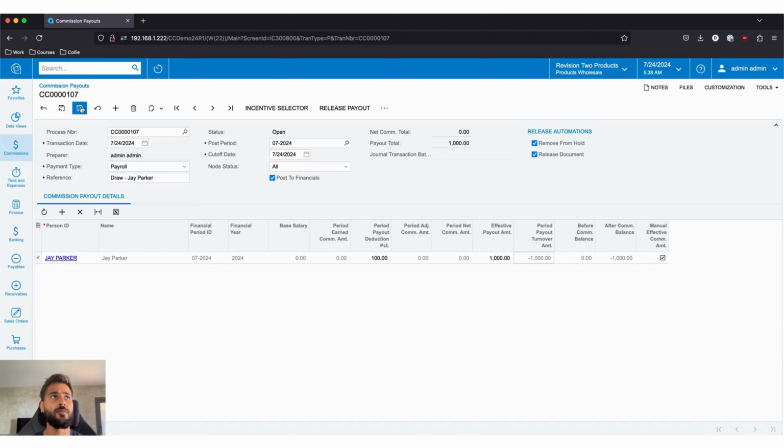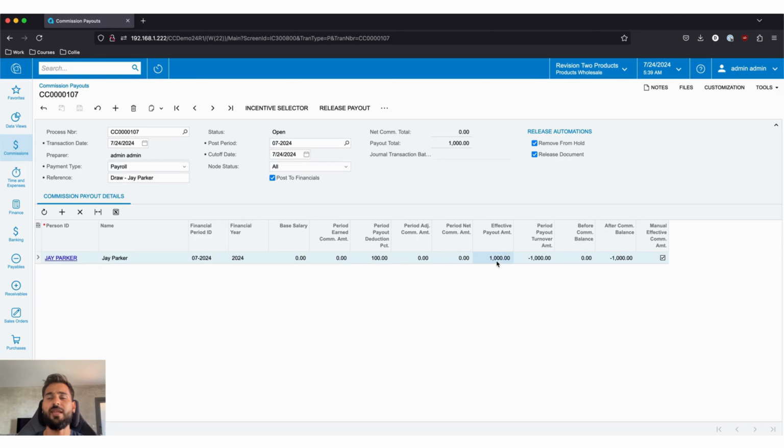And now we can see how the system is detecting that we have a payout turnover amount. Why? Because we don't have commissions that are supporting this payment. The net of the commission amount is the total aggregation of all the commission amounts for a particular payout for J. Parker. In this case, we haven't loaded any of these transactions.